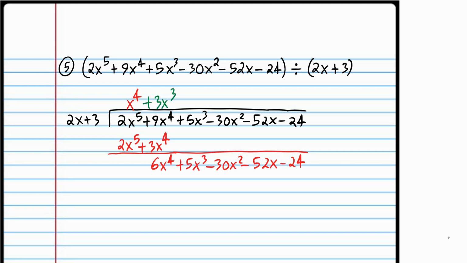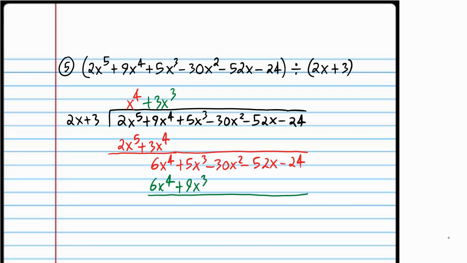That was step number 1. Step number 2, we see why that works. We multiply. 3x cubed times 2x is 6x to the 4th power. And these numbers should be the same, so we know we did it correctly. And 3x cubed times 3 is 9x cubed.